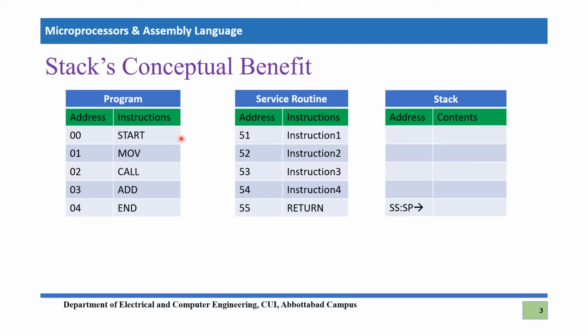So let's start our conceptual benefits diagram, and we see three different things here. The left thing is basically the program. Whatever program is written here, I've just shown it as a set of instructions, and a number of instructions are shown.